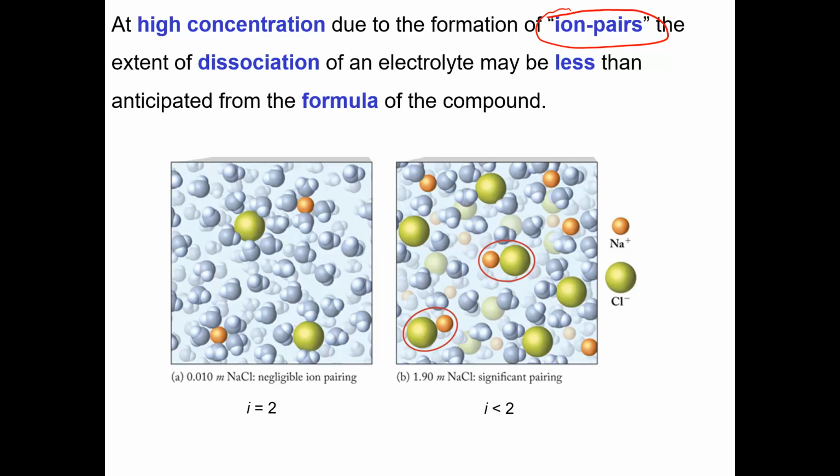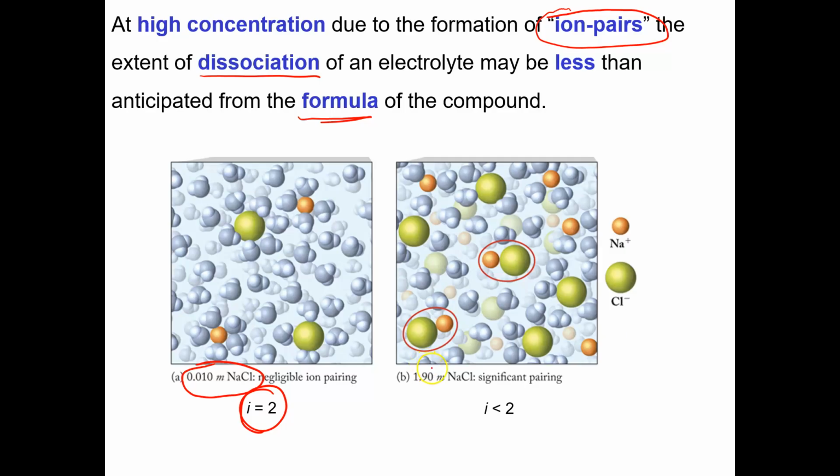If that happens, the extent of dissociation might be less than what we would predict by just considering the formula. So, for example, in a 0.01 molar sodium chloride solution, we see negligible ion pairing, and as we might expect for sodium chloride, i is 2.